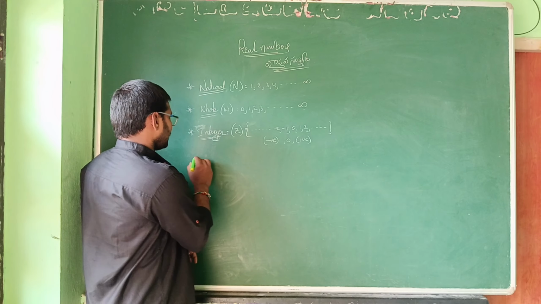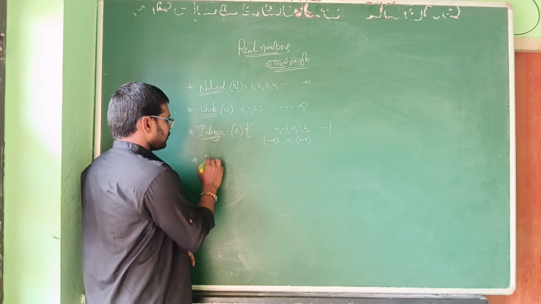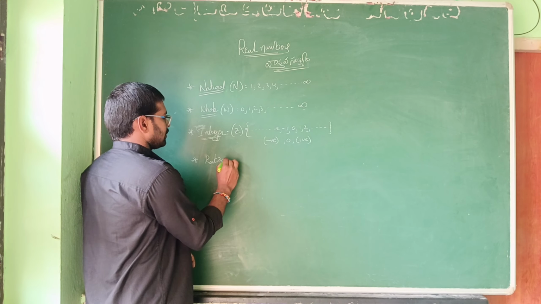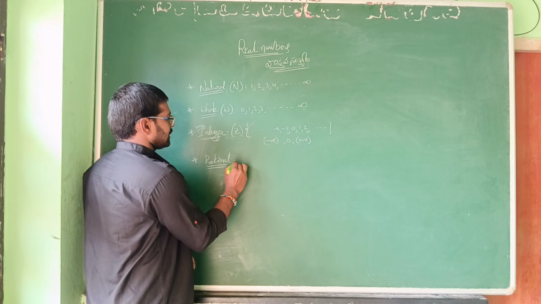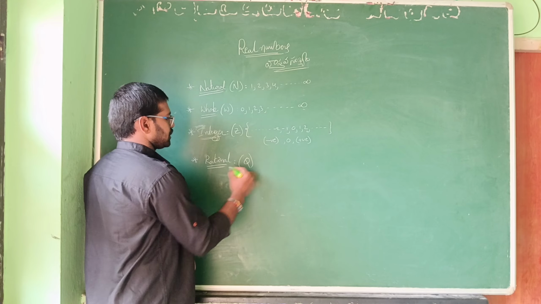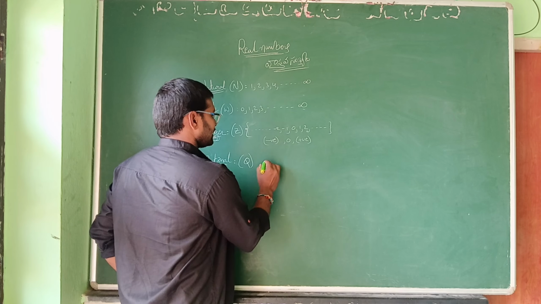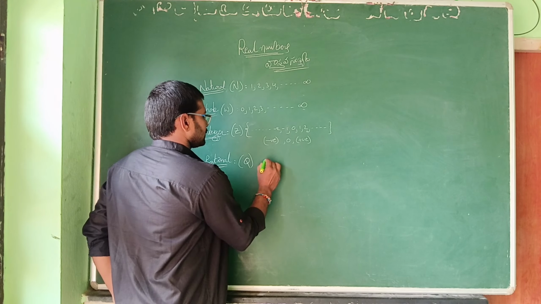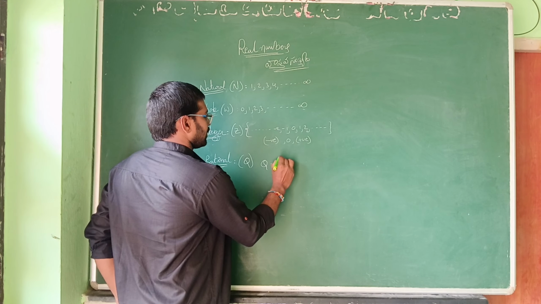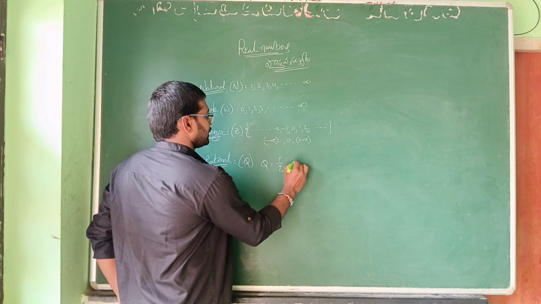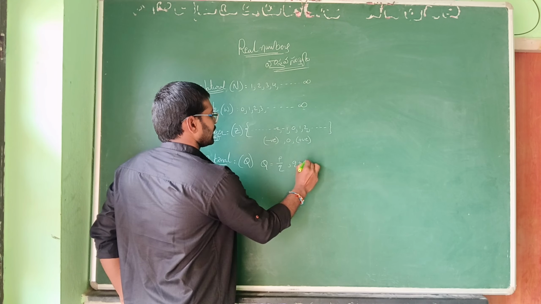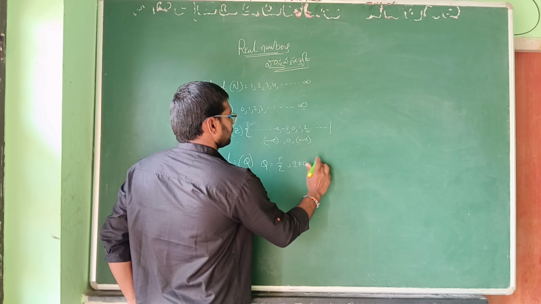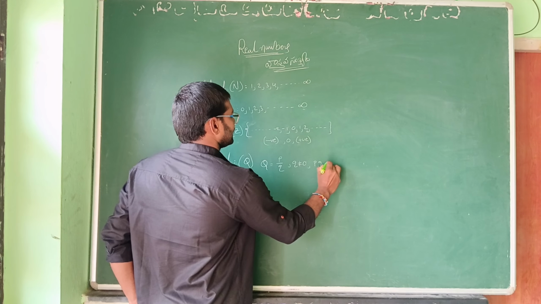After that we have to discuss rational numbers. Rational numbers are denoted by capital Q. See, here what is the definition of rational numbers? Q is in the form of P by Q, here Q is not equal to 0, and P, Q are integers.